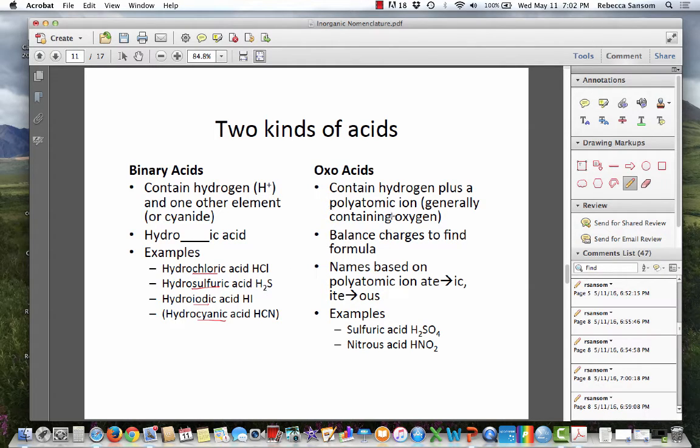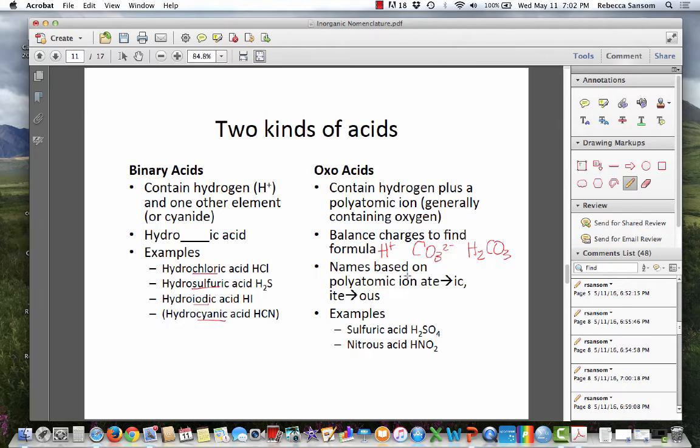Oxo acids contain hydrogen plus a polyatomic ion, which generally also contains oxygen, which is why we call them oxo acids. In order to do this, we balance the charges to find the formula. For example, if I have a polyatomic ion like carbonate, CO3 2-, I would need 2 H pluses to balance the charge, H2CO3.